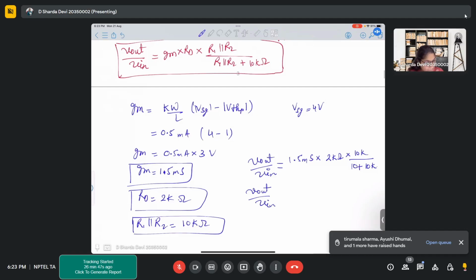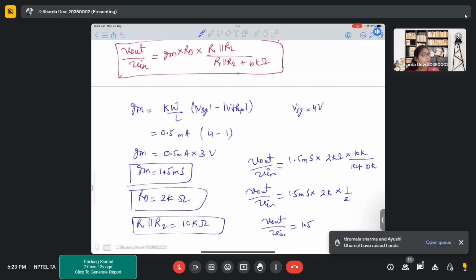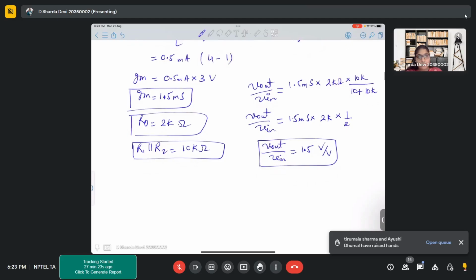So V out by V in is 1.5 millisiemens into 2K into 1 by 2. So it is 1.5. What is the unit? The gain is unitless, volt by volt, right? So the unit is volt by volt.